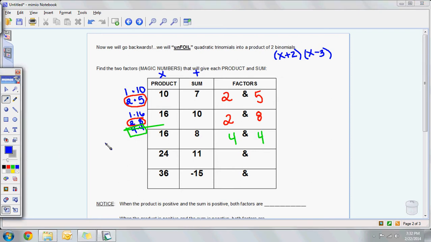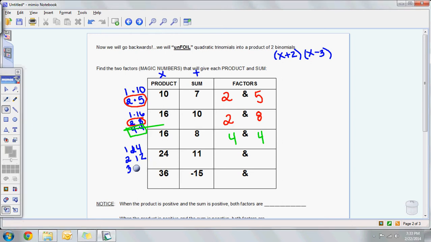All right, let's look at these. So now we want to get the product of 24. So I'm going to list them out. So 1 and 24. 2 and 12. And 3 and 4. And that's not right. Sorry, guys.